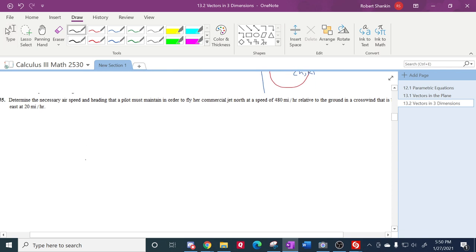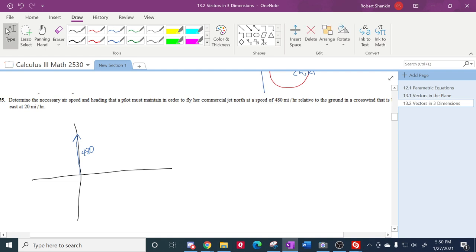Alright, so let me have a grid. She wants to be going exactly north, and that at 480. Magnitude being 480.